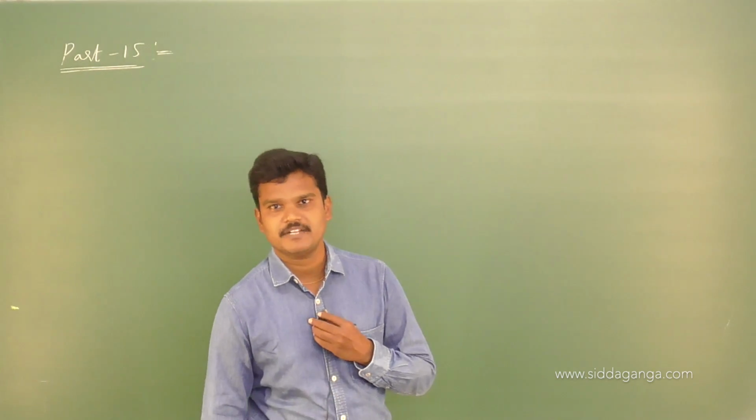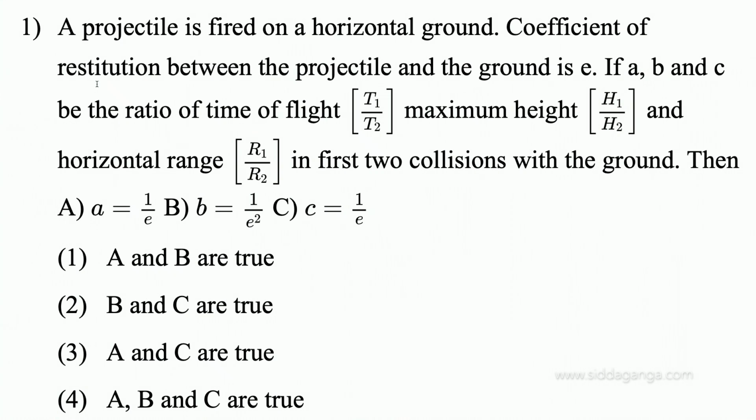Now see the assignment sheet. Let me cover a few questions. See one question. They have given a projectile fired on a horizontal ground. The coefficient of restitution between the projectile and the ground is e.